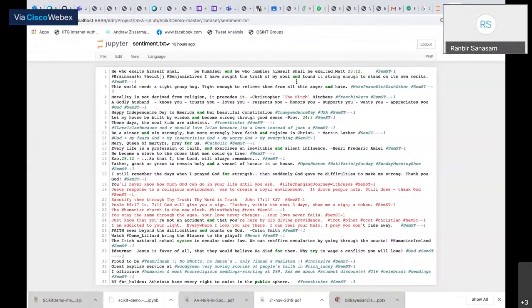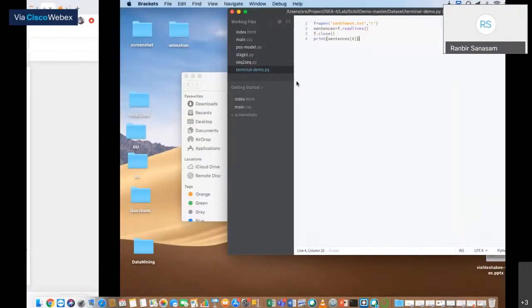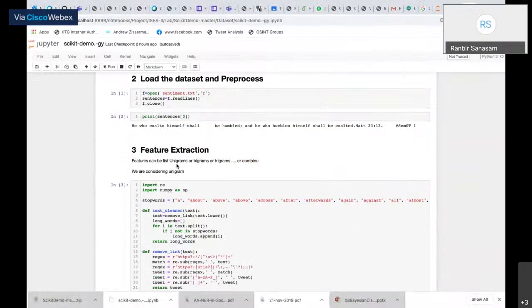So in the text mining, or say in the text domain, how do you define the features? In the text domain, features might be defined using unigram, bigram, trigram, and so on. What do we mean by unigram?